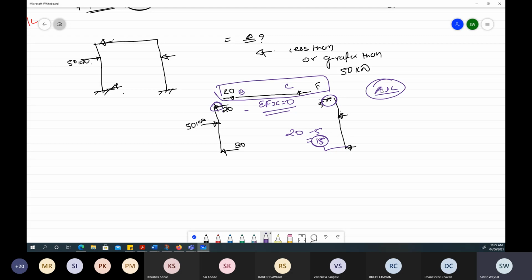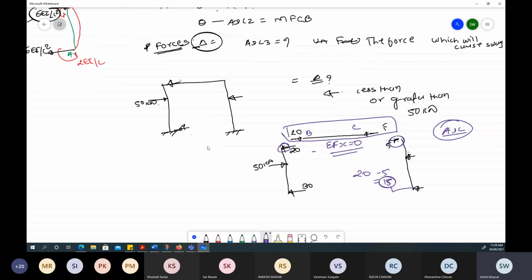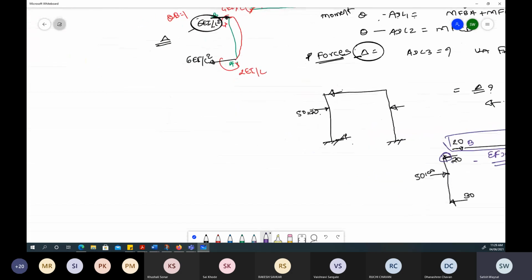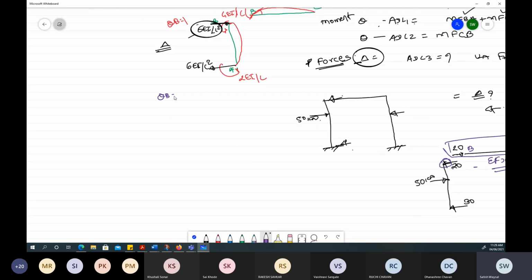Okay. Now, after getting ADL1, you know the process: first we have to consider theta b equal to 1, then theta c equal to 1, and later on we have to consider delta equal to 1. When you consider delta equal to 1, you have to study its effect on theta b and its effect on theta c. When you consider theta b equal to 1, its effect on theta c and its effect on delta will be your stiffness matrix for 1 1.